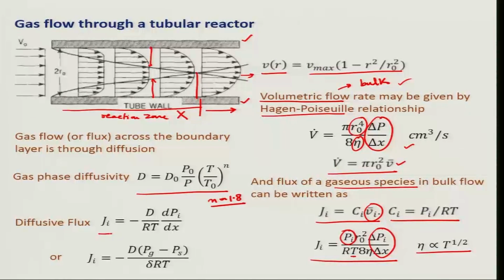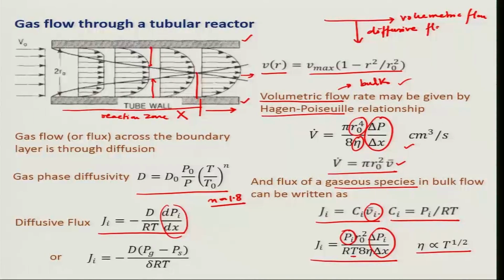Also, the diffusive flux, which we are more interested in, can be converted to a pressure gradient across the boundary layer, okay. So, this is my convective flow or volumetric flow, which we have described on the right hand side, and this is my diffusive flow, and my substrate is here.